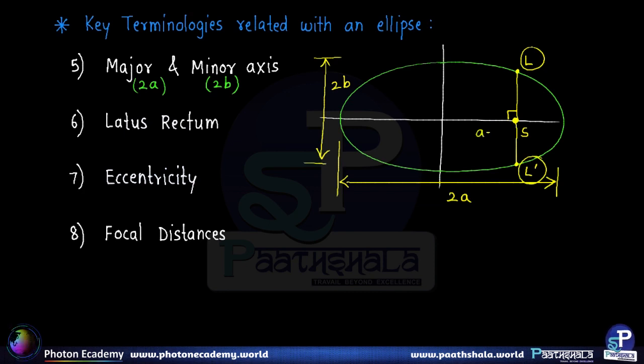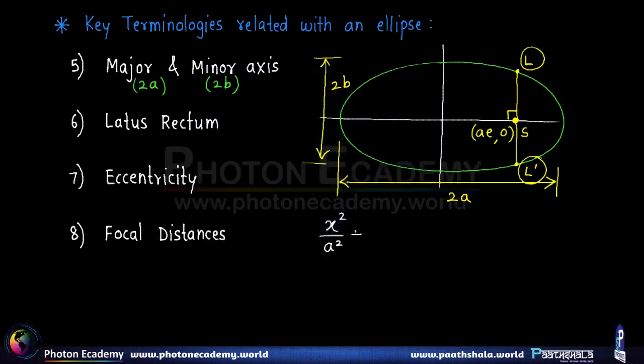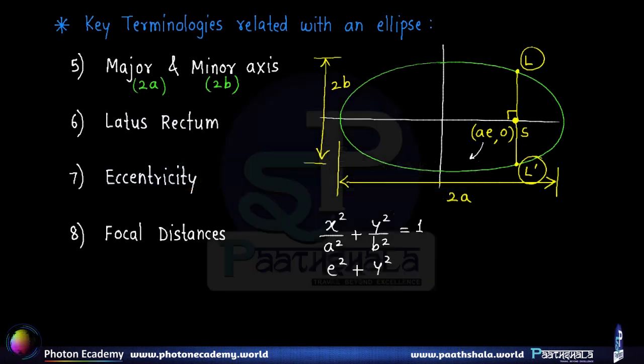We know that the focus is at AE, 0, correct? So if we consider the equation of the ellipse, x square upon a square plus y square upon b square equal to 1, putting x as AE, a square e square upon a square reduces to e square, plus y square upon b square is equal to 1.